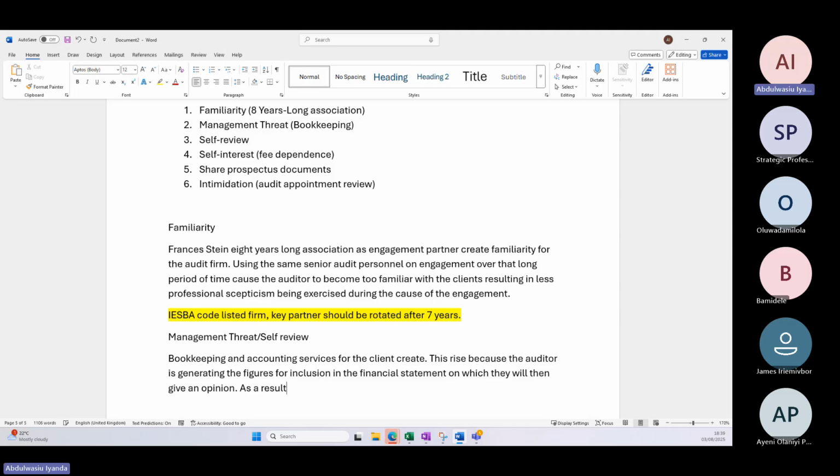As a result, the auditor may be less likely to highlight errors.